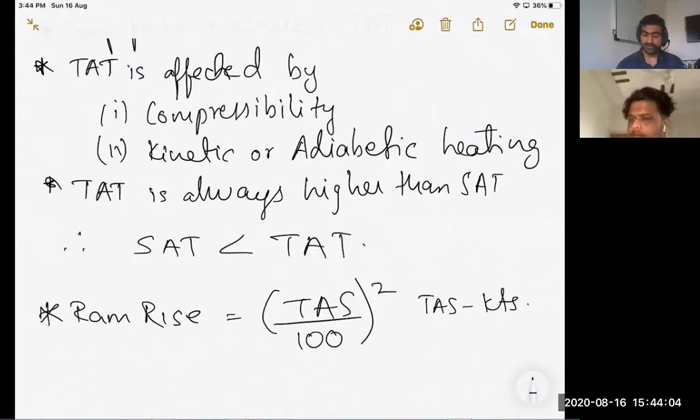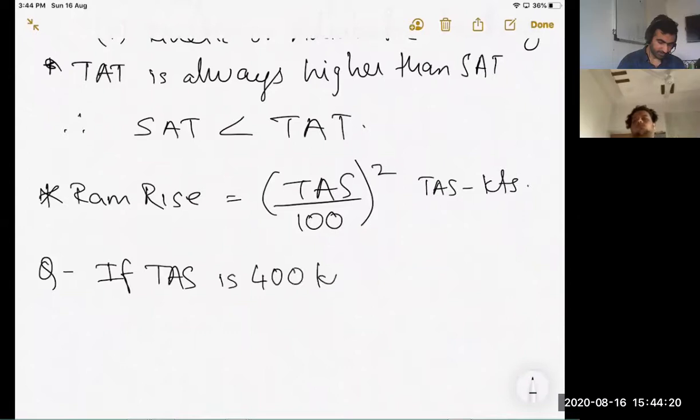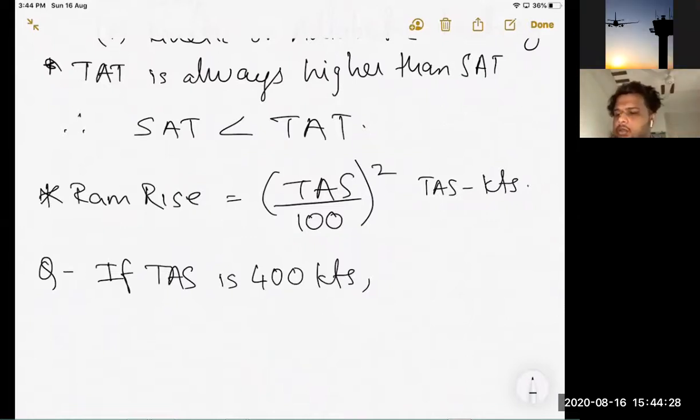So what is the ram rise if your TAS is 400 knots? Solve this. Use your scientific calculator.